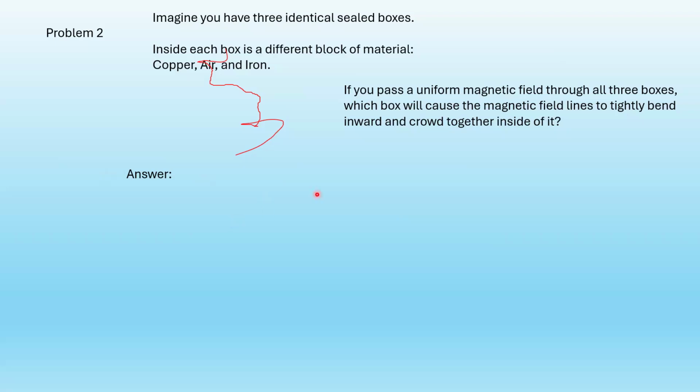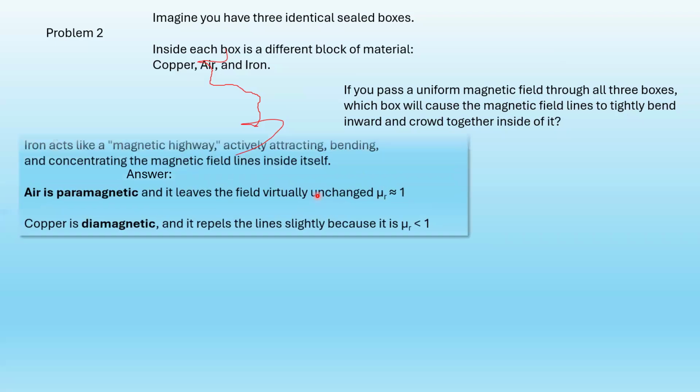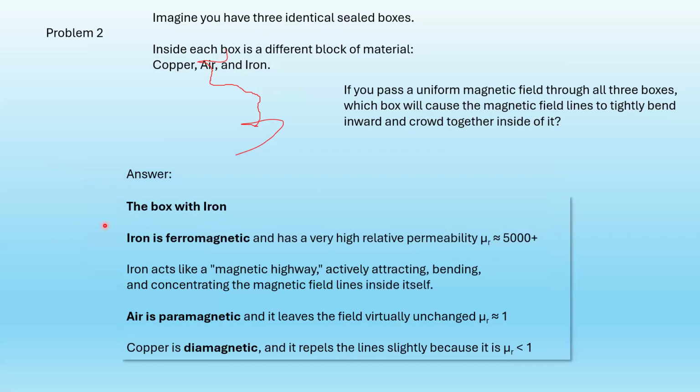So here's my special effects. Boom. Here's the box with iron. Iron is ferromagnetic and has a very high relative permeability of 5,000 plus. Iron acts as a magnetic highway, actively attracting, bending, and concentrating the magnetic field lines inside itself.